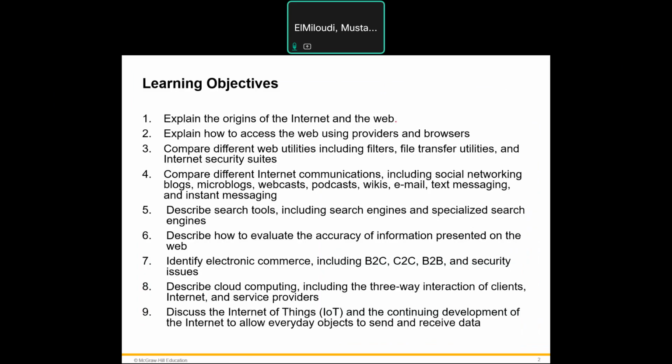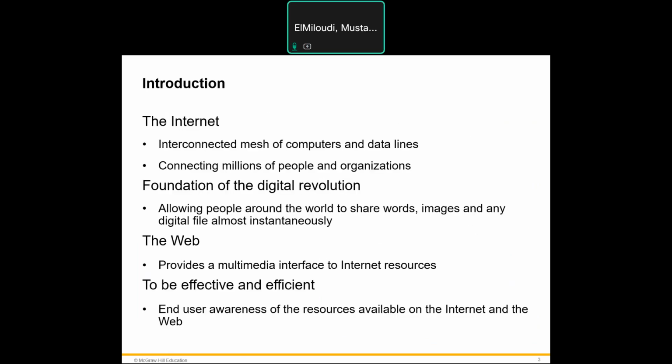We talked in chapter 1 about the basics of computers, like the different components of the computer, the information systems, and the different types of computers and everything related to information systems. In this chapter, we'll be talking about the internet, how it was invented, the different impacts of the internet, and also commerce.